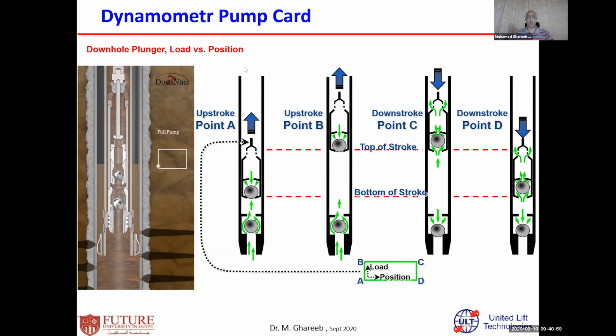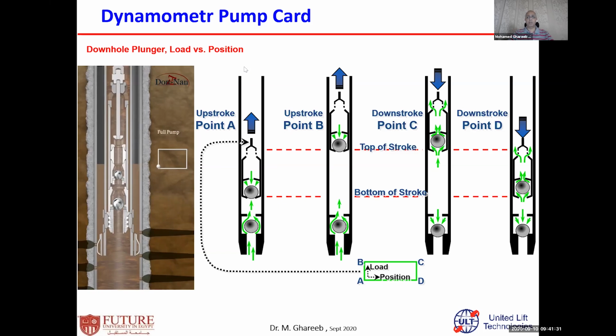How do you do that? Remember, I informed you, if the pump is running in very good conditions, while the pump capacity is either higher than or equal to the formation capacity, the formation productivity, and all the valves are running in very good condition, there is no gas, and also the tubing anchor sits in place and is not moving, the pump is running in very good, ideal condition.